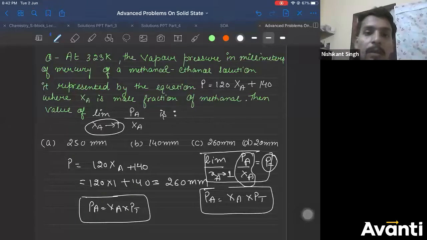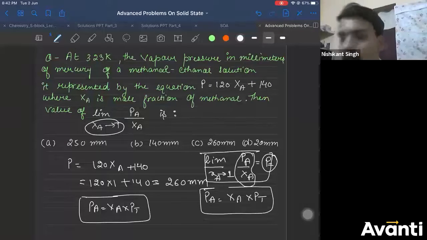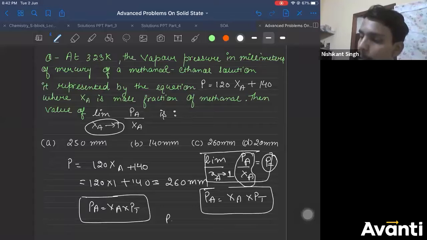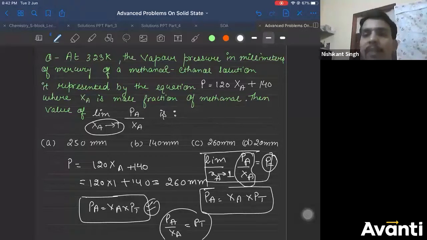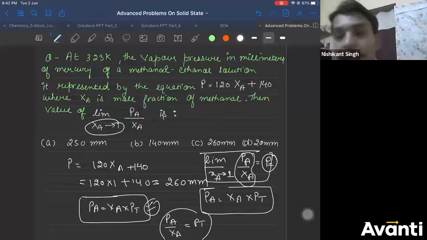Is this Raoult's law? It's Raoult's law only. From Raoult's law you have calculated P total, and P total is nothing but PA by XA. Why has PA by XA become equal to P total? Because we have applied Dalton's law after that. Why have we applied Dalton's law? Because first, your vapors are behaving ideally.